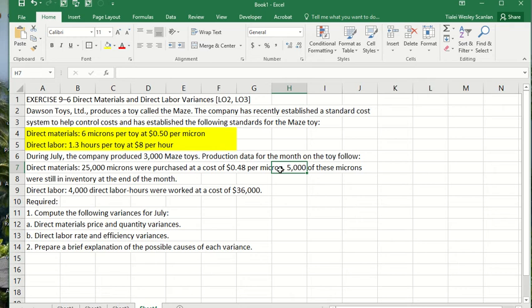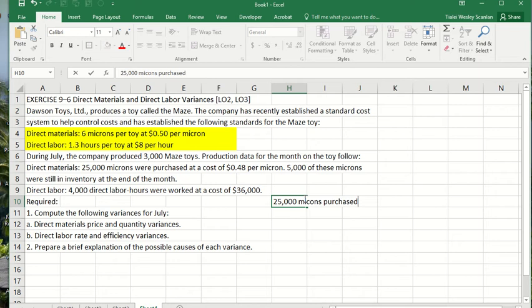So they purchased 25,000, but 5,000 are still left over. So they didn't use the full 25,000. They probably used the difference between those two for production. So again, 25,000 microns purchased, while 25,000 less the 5,000 were actually used, because they still had 5,000 left over.